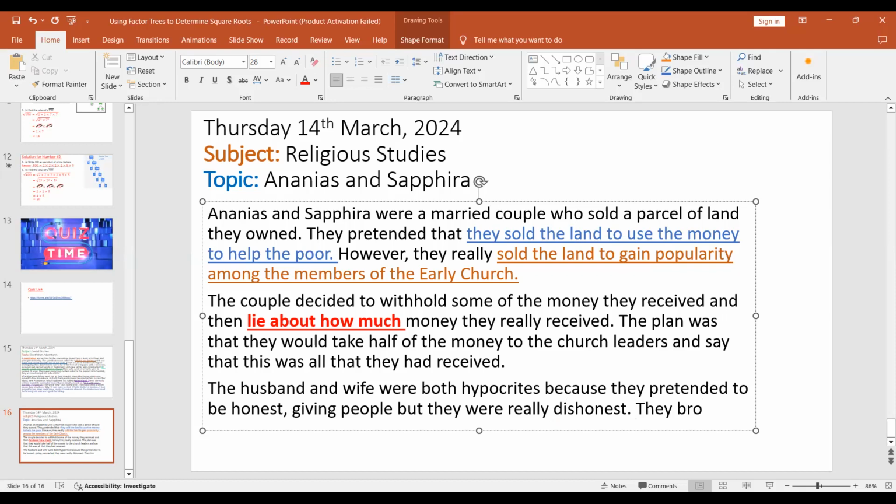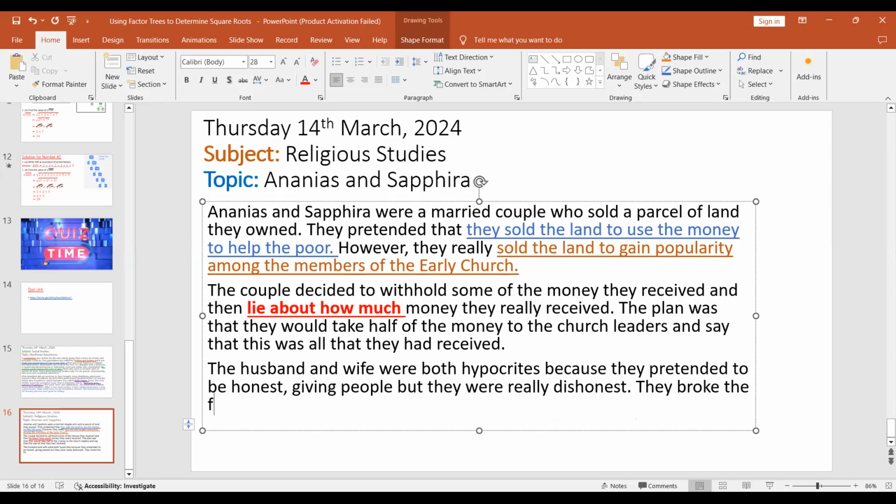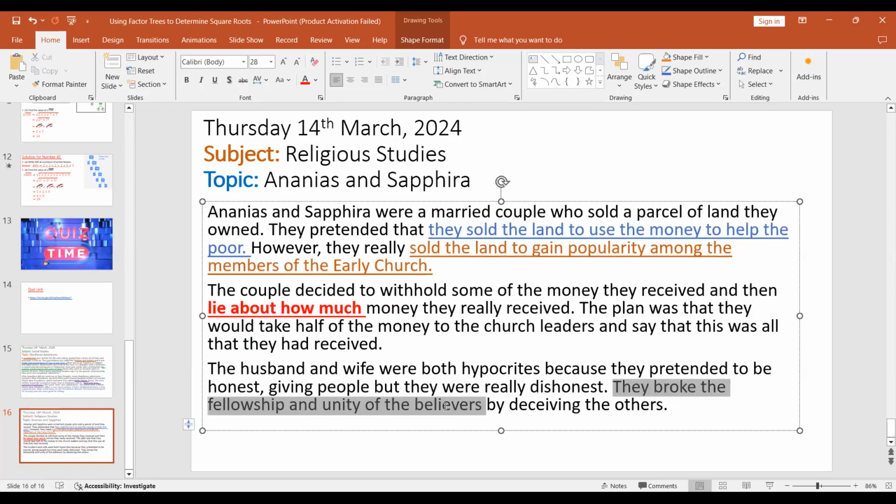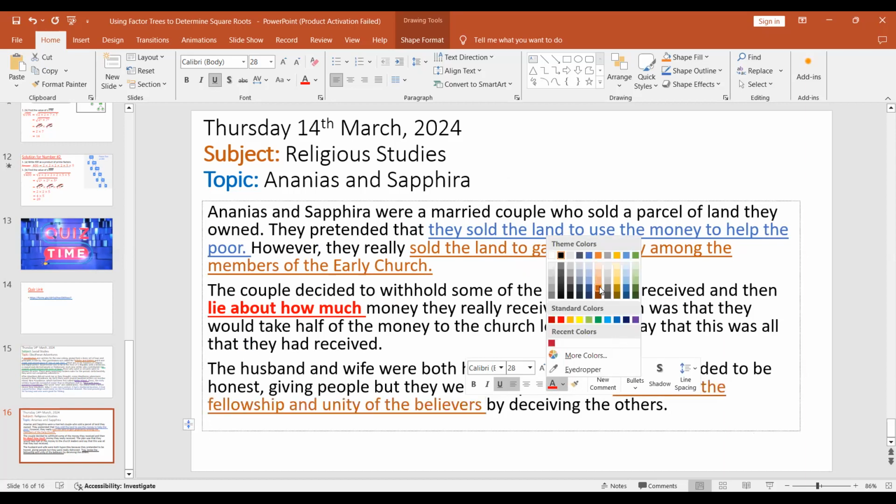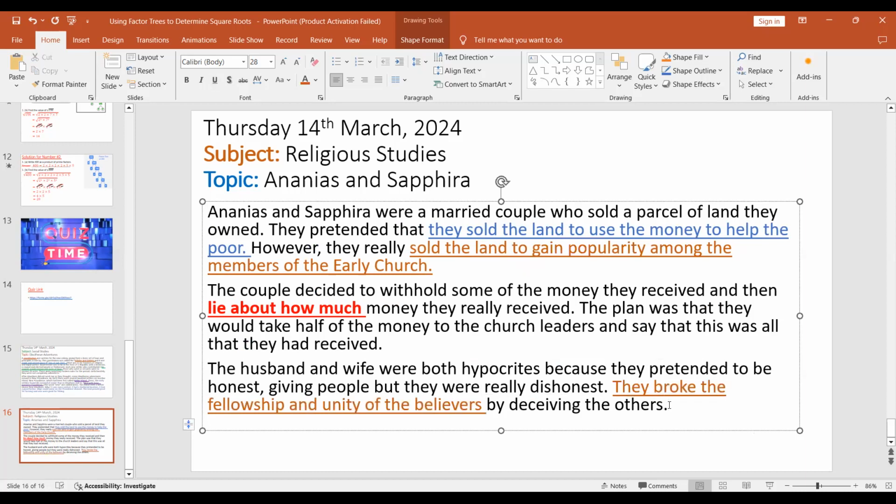They broke the fellowship and unity of the believers by deceiving the others, right?